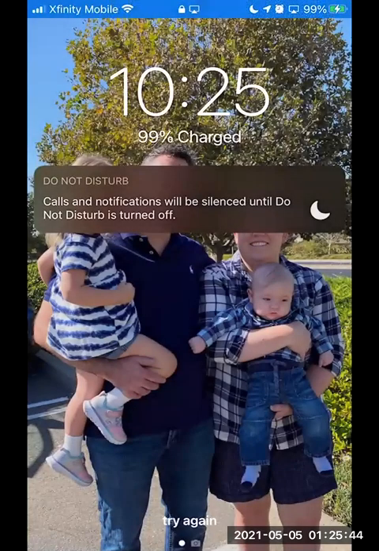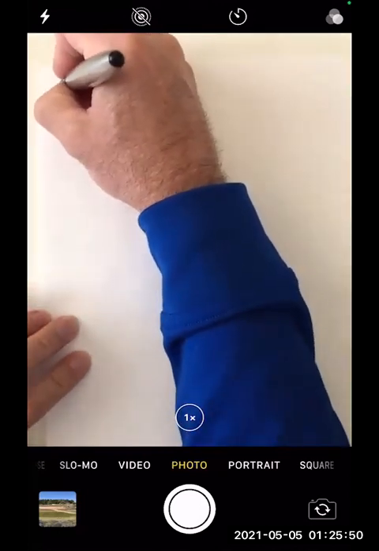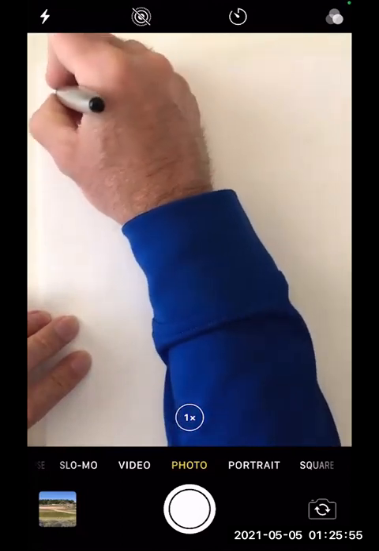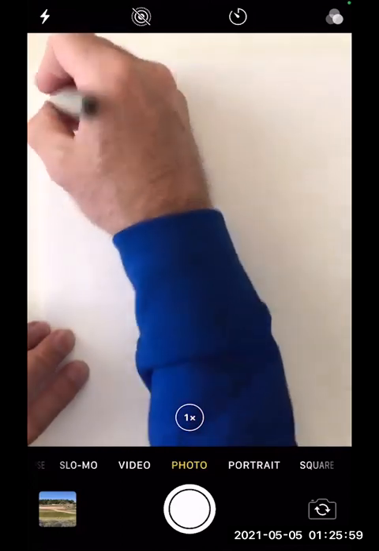Page 7, question E. Oh, okay. Oops. Okay, so this is the chapter 14 notes. Page 7.